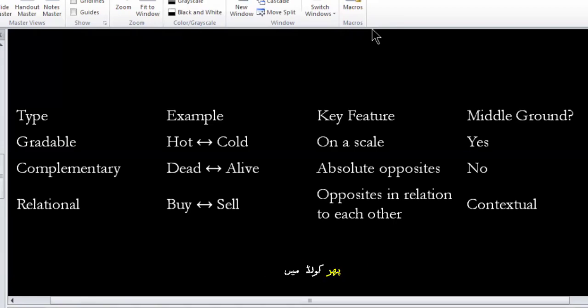It is very much cold, it is cold. इसमें फिर ग्रेड्स आ रहे हैं बट ऑन अ स्केल हम इसको एक ही ग्रेड में कर देते हैं कि हॉट है या कोल्ड होगा, या वेरी हॉट में भी आ सकता है, वेरी कोल्ड में भी आ सकता है। सो इसमें डिफरेंट ग्रेड्स आ सकते हैं हॉट एंड कोल्ड में। लेकिन आगे हमारे पास एक टाइप है इसकी दैट इज कॉम्प्लीमेंट्री। नॉन ग्रेडेबल और कॉम्प्लीमेंट्री। इसमें क्या होता है?